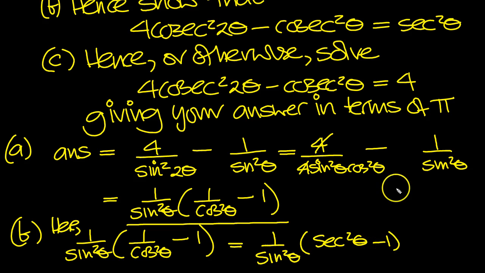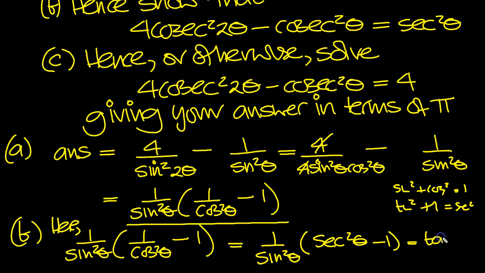Now sec squared, if we've forgotten, sine squared plus cos squared equals 1. So to get sec squared we need to divide by cos squared, don't we? So we get tan squared plus 1 equals sec squared. So sec squared minus 1 will be just tan squared.